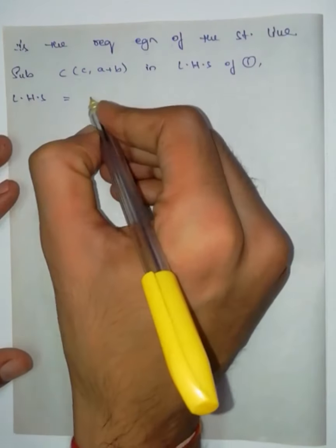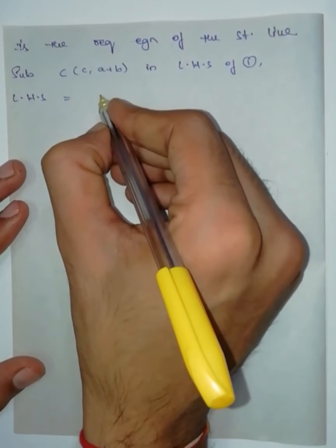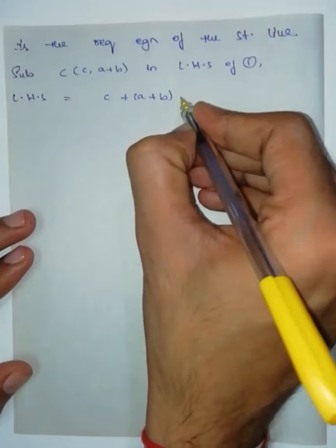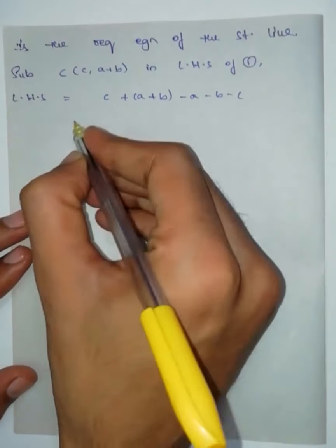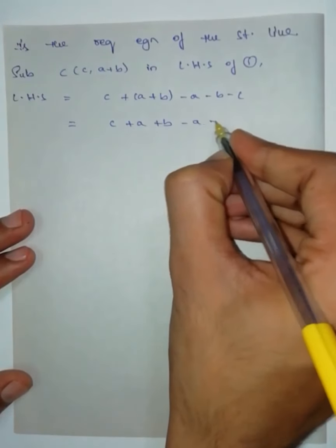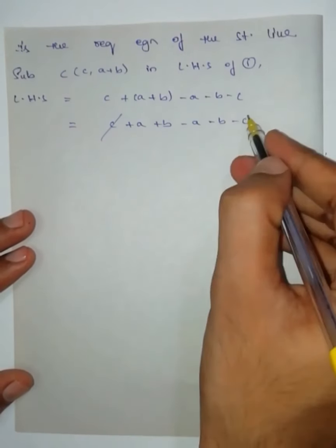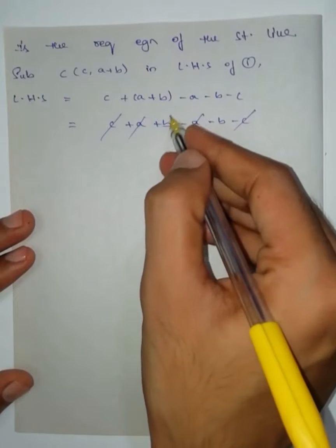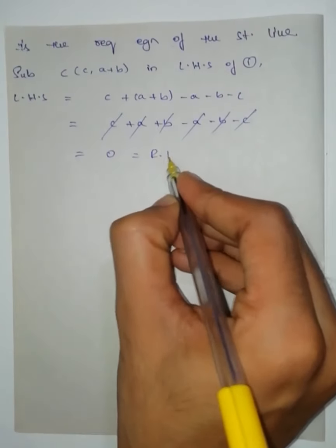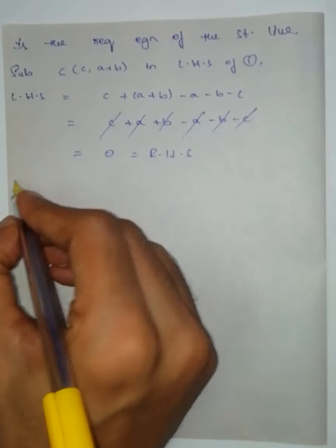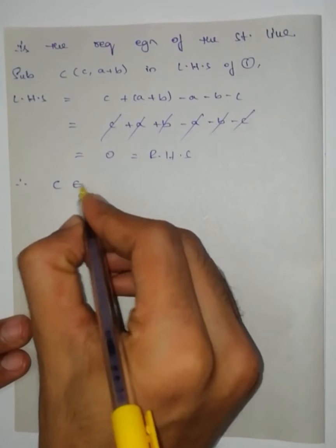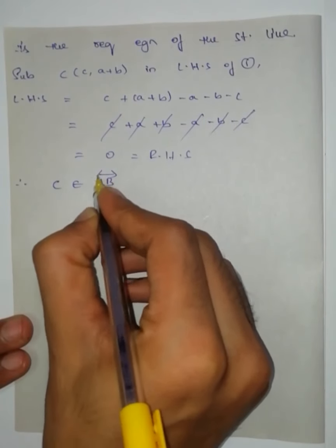LHS, that is what you are going to get: c plus a plus b minus a minus b minus c, which is equal to c minus c plus a minus a plus b minus b, which is equal to 0, that is RHS. Therefore, I can say that the point C belongs to the line AB.